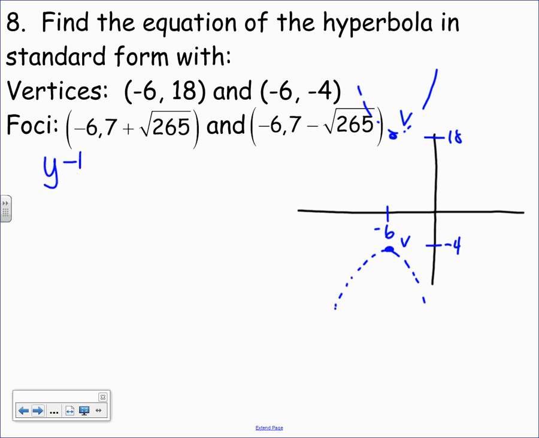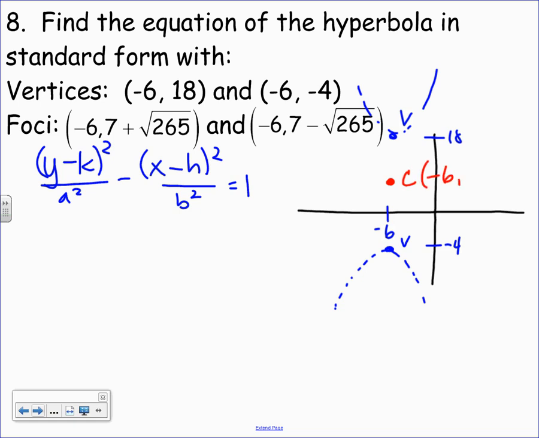So (y - k)² over a² minus (x - h)² over b² equals 1. Okay, fantastic. I should know stuff though. Like halfway between should be my center. And I know for sure the x value has got to be -6. What's the average of 18 and -4? I basically need the midpoint of those two numbers.